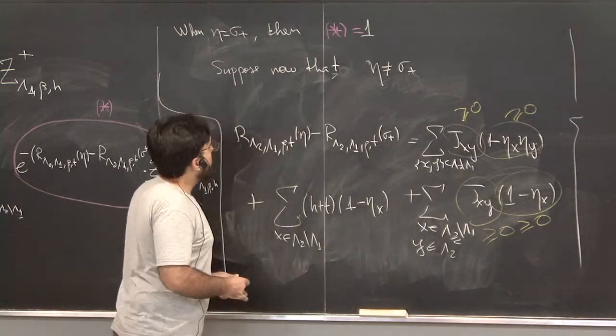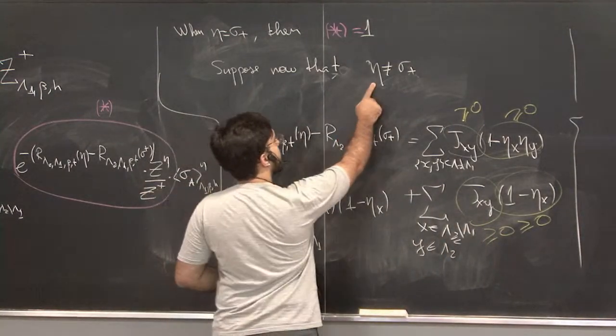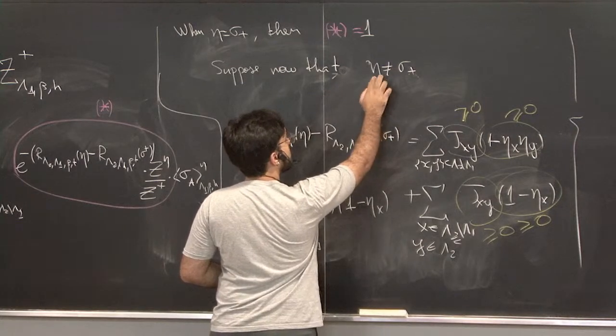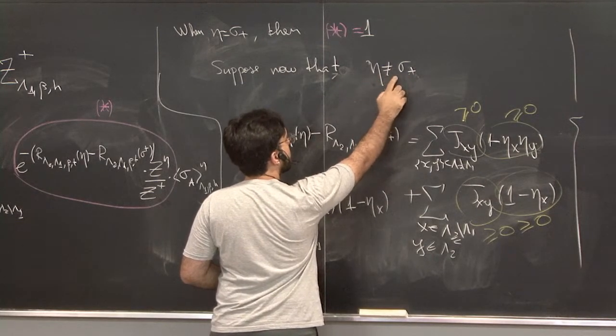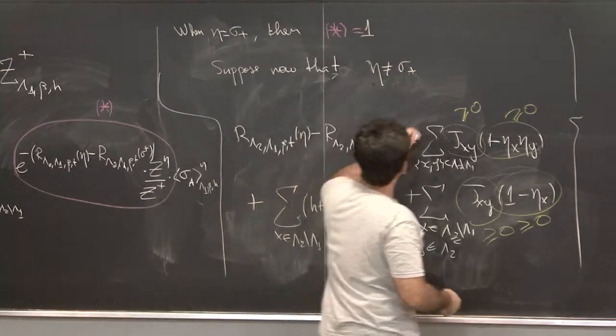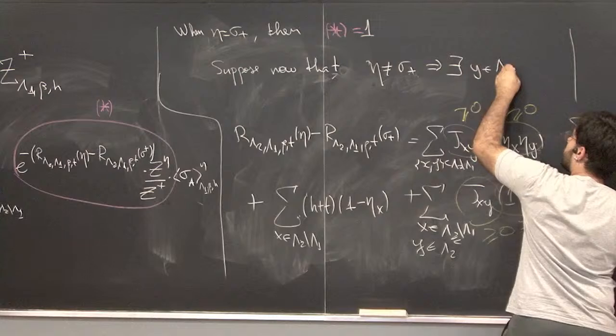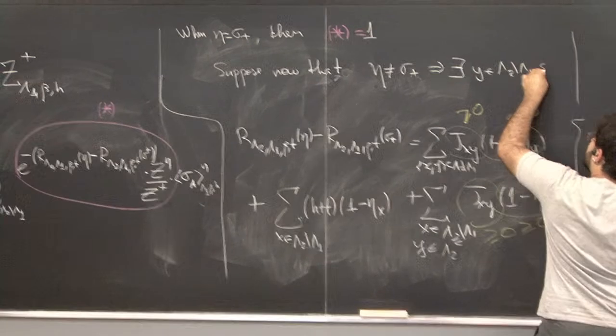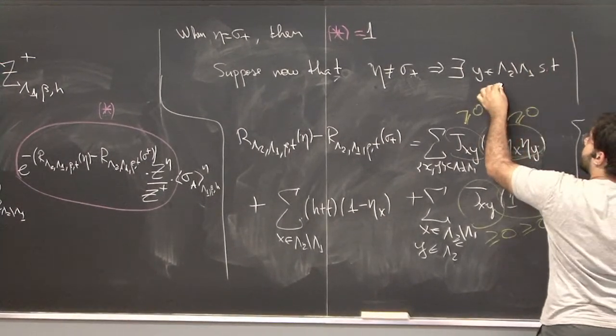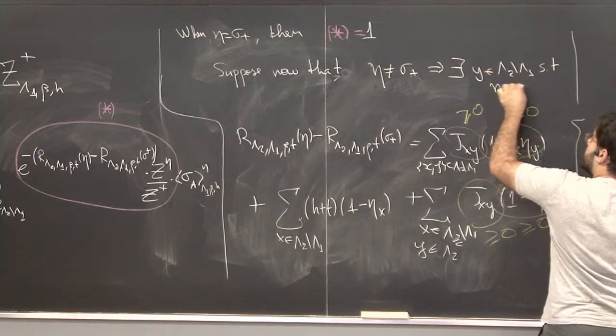And since eta is different from sigma plus, this implies that there exists a y here such that eta y equals -1.